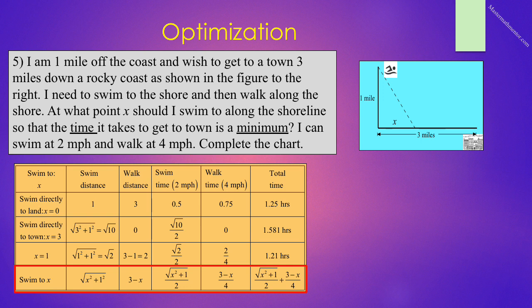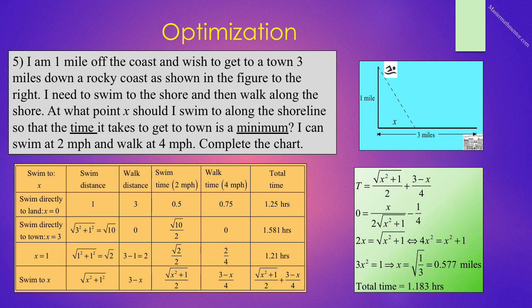Therefore, the total time is the square root of X squared plus 1 over 2 plus (3 minus X) over 4.